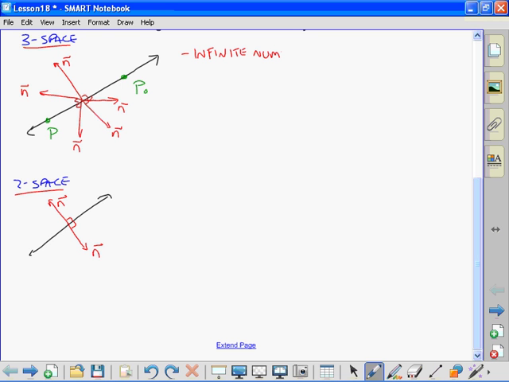Infinite number of normals. So what that then means is that if you lay an infinite number of lines side by side, they create a plane. So therefore, the normals will form a plane.